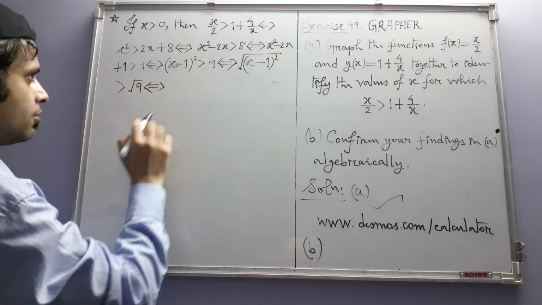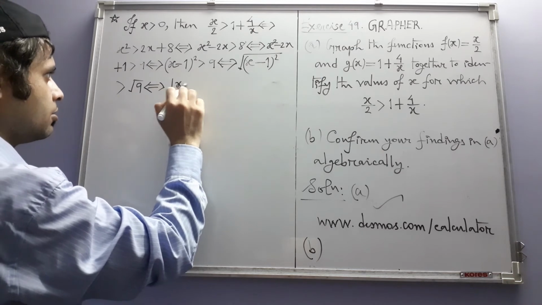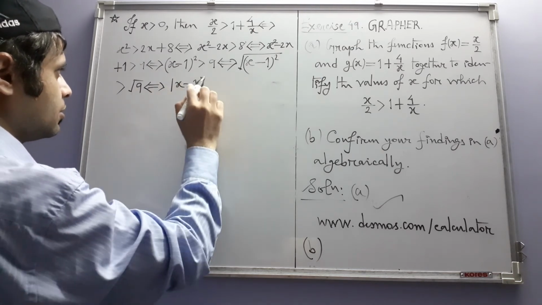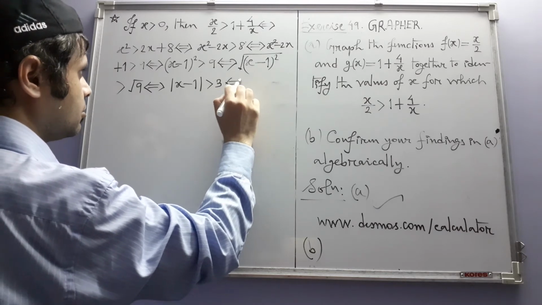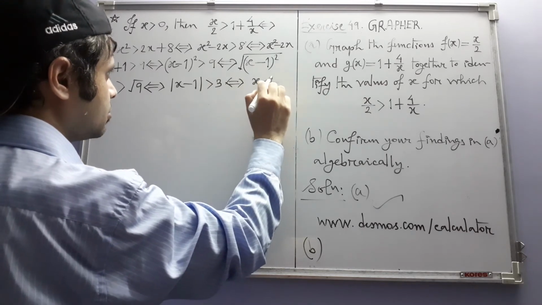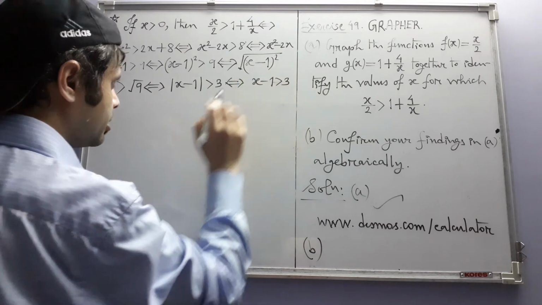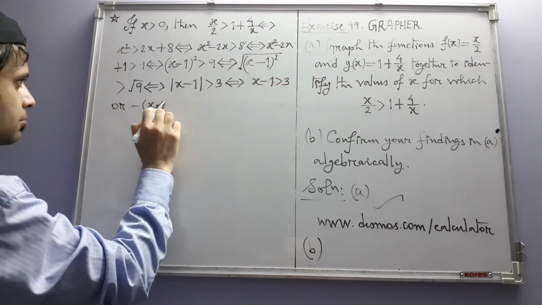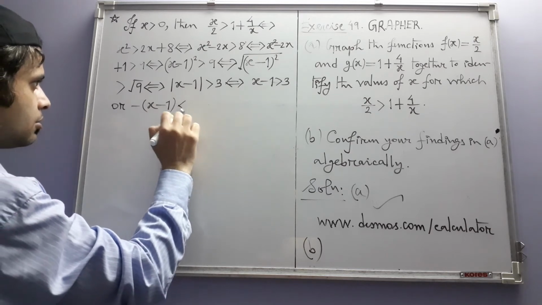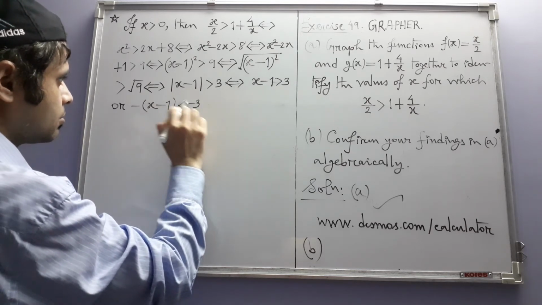If and only if this, we know, is absolute value of x minus 1, this is greater than 3. If and only if this is greater than 3 or its negative is less than minus 3.